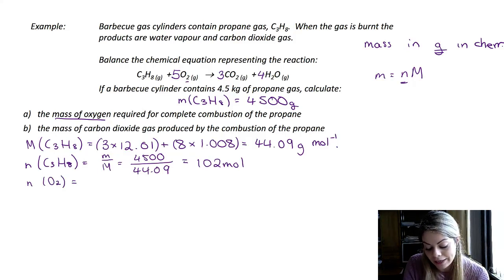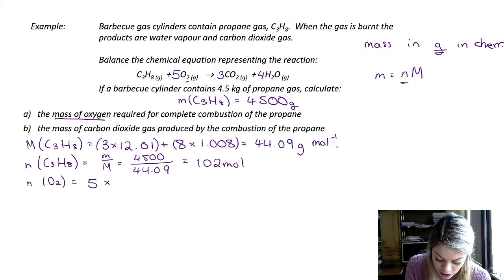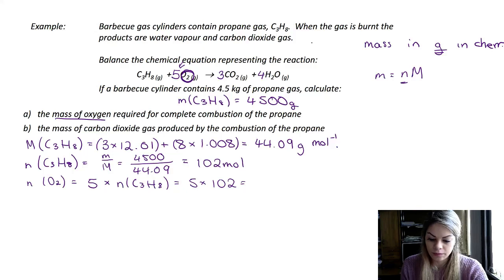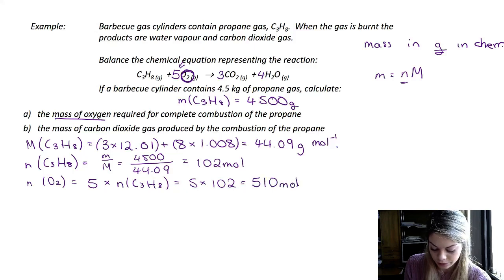For one propane, I need 5 oxygens for this reaction to take place. So I need 5 times as much oxygen. So the number of moles of oxygen is 5 times the number of moles of propane gas. So that's 5 times 102, and that gives me 510 moles of oxygen.